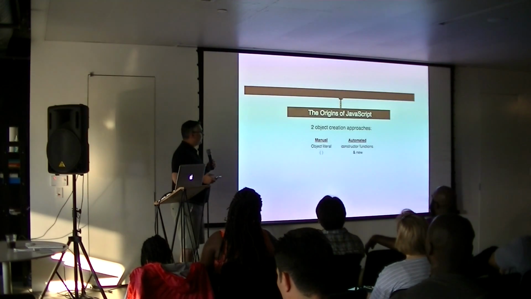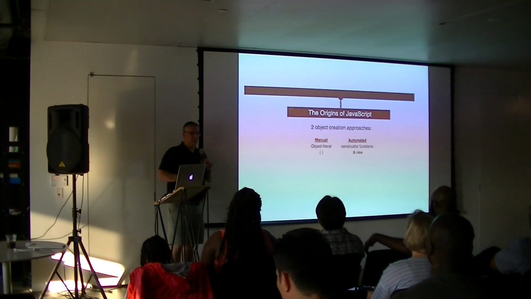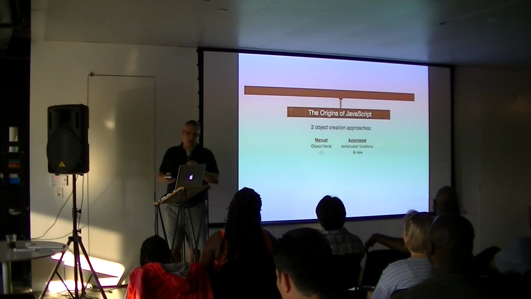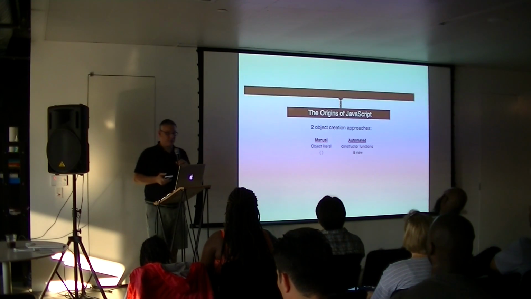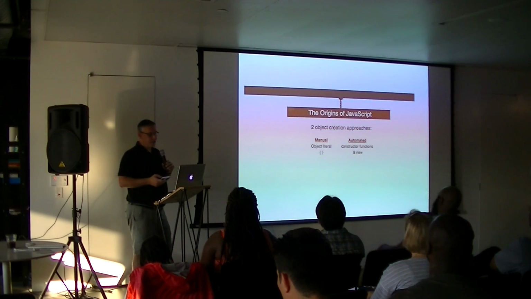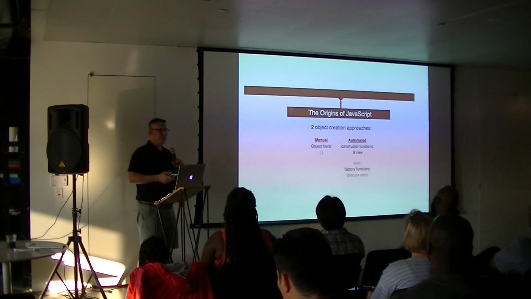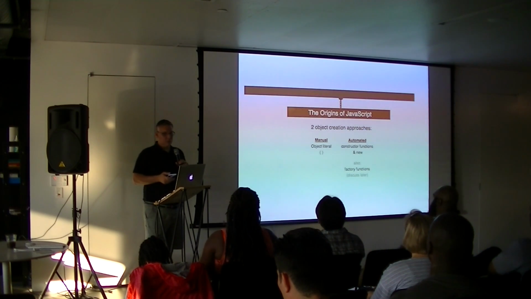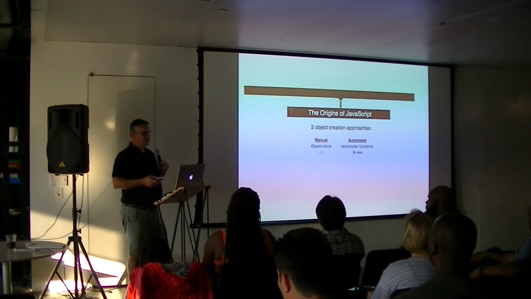At that time, there were really two ways to create objects: the manual approach of just using the object literal, and the automated approach of using constructor functions. We'll go through each of these. I'm lying a little bit because there's really more than one way to do automated. You can also use factory functions, and we'll loop back around and talk about that at the end. But for now, I want to talk about just these two approaches.